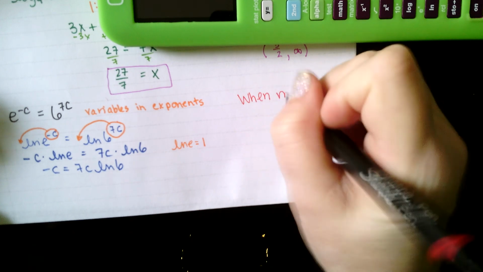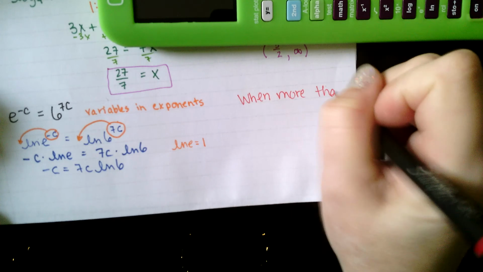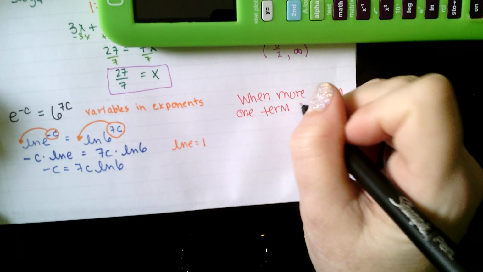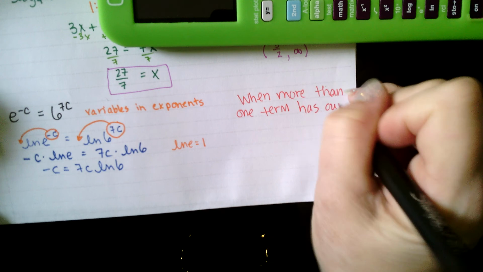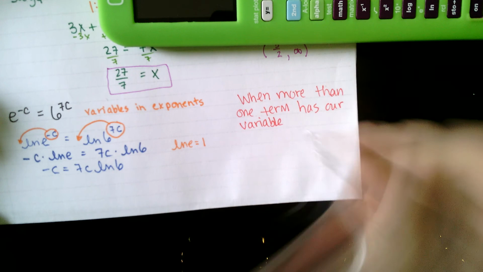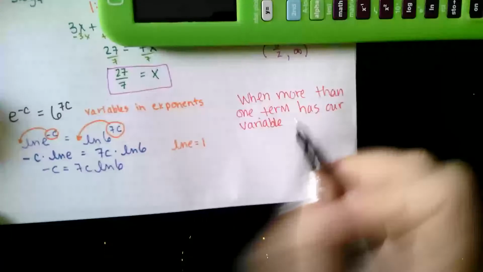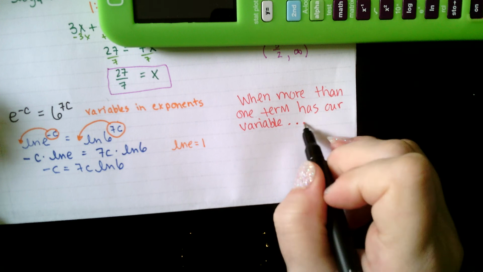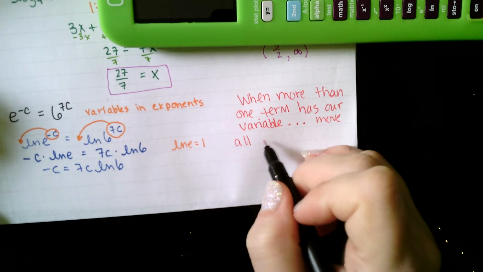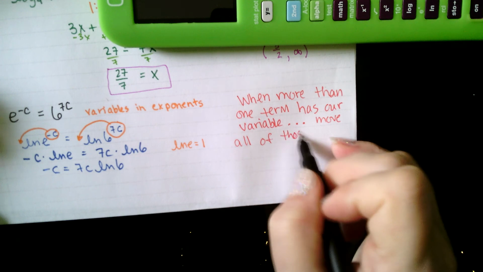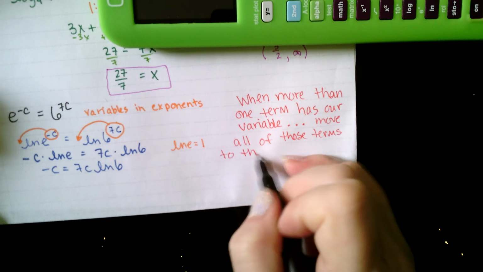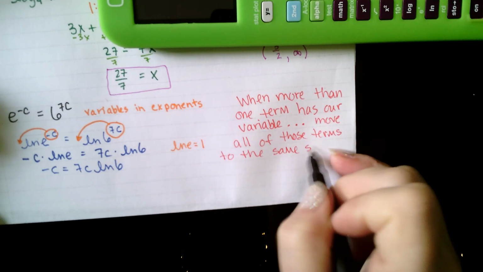So when more than one term has our variable, and it's linear, like none of them are squared, so it's not a quadratic equation, what we are going to do is move all of those terms that have our variable to the same side of the equation.